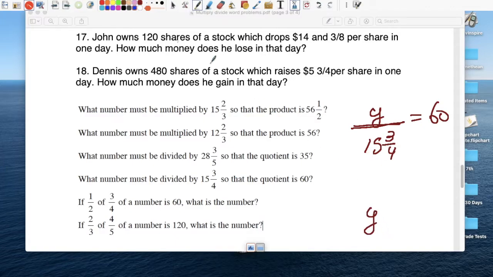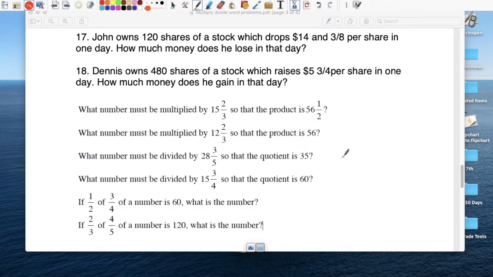In order to do that, I'm going to multiply, so pretend I'm going to put 15 and 3/4 over 1. And this simplifies to 1, because that divided by that is just 1. And that's how I get y all by itself. And then 60 on this side, we already did that. We multiplied that by 15 and 3/4 and got the answer.